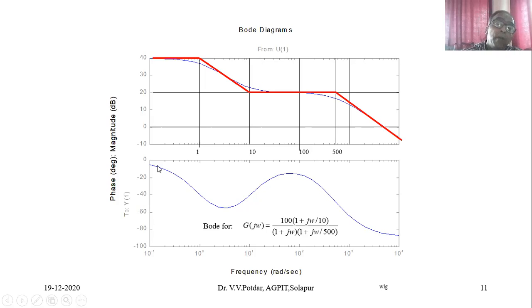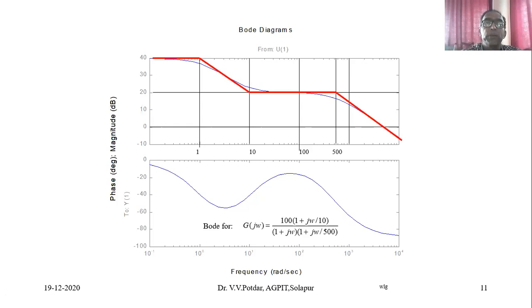Similarly, wherever my phase angle crosses my 0 degree line, it is just beyond this paper, right? Wherever it crosses the 0 degree line, it is called the phase crossover frequency. The frequency at which the phase angle plot crosses the 0 degree angle is called the phase crossover frequency.